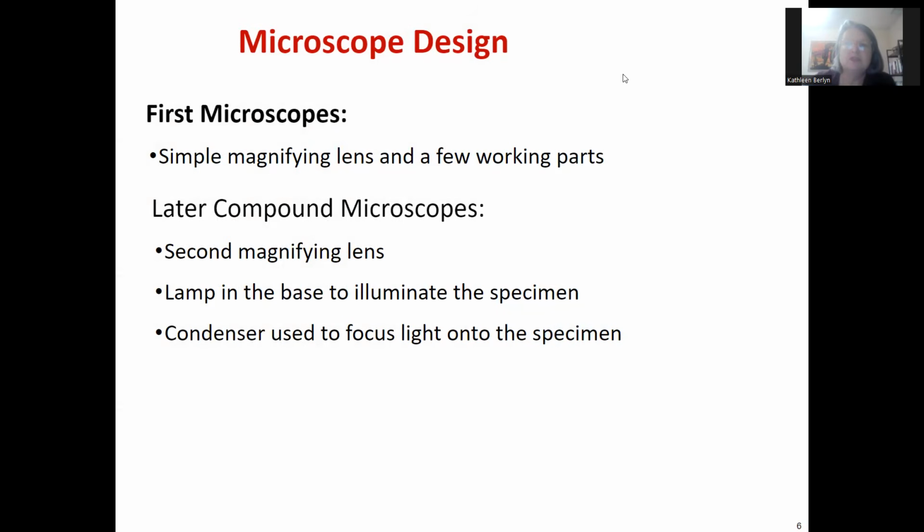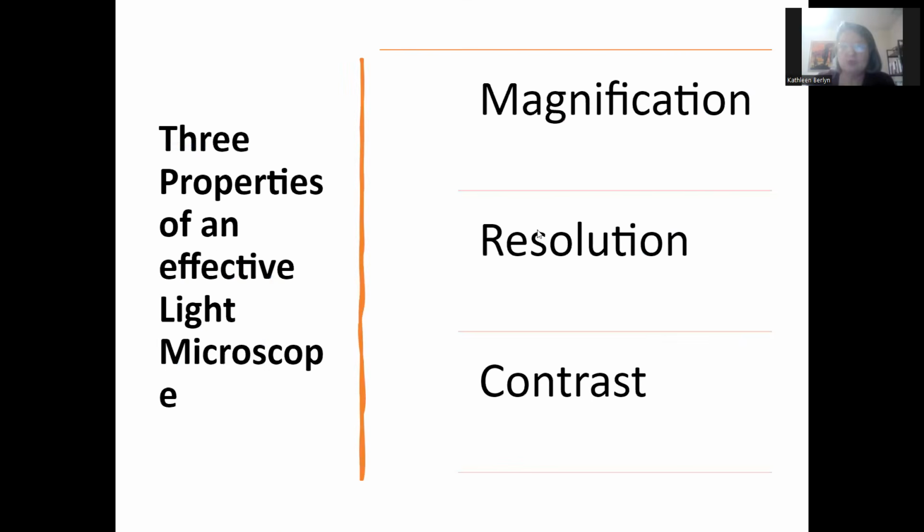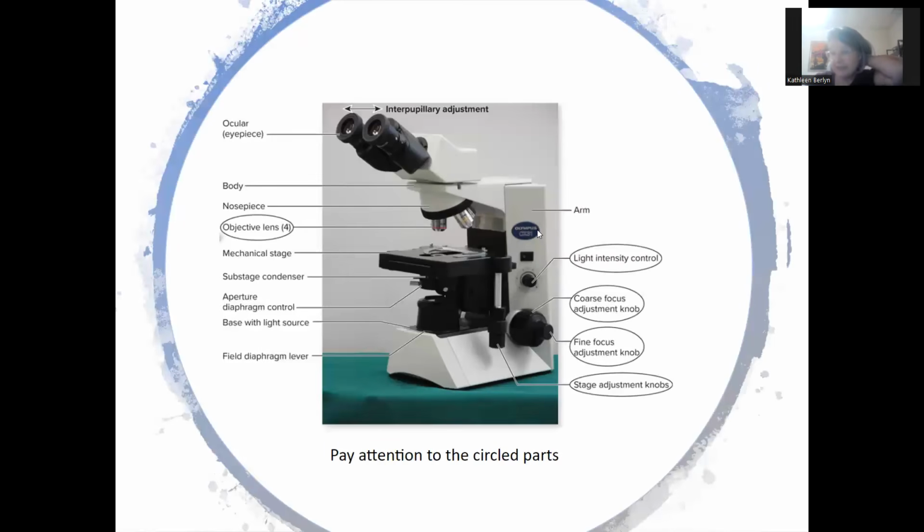Later ones use multiple lenses and things like that. They added a second magnifying lens, so you're actually looking at a virtual image. They use light to illuminate the specimen, and then condensers and iris diaphragms in order to control the amount of light coming into the microscope.